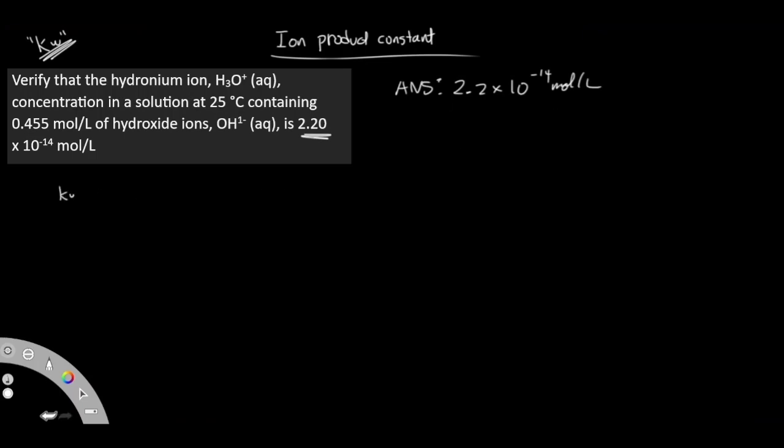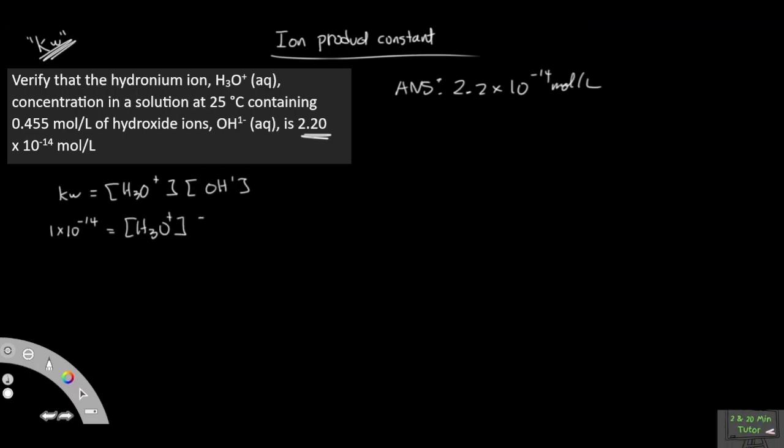Let's use our same formula and put in our values. Our hydronium here is still unknown. Our hydroxide is 0.455. Just divide this by 0.455, and do the same thing over here.